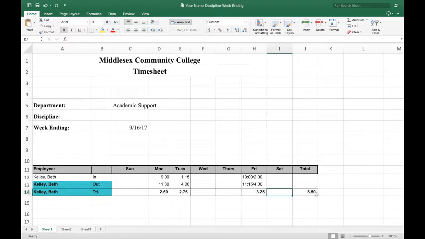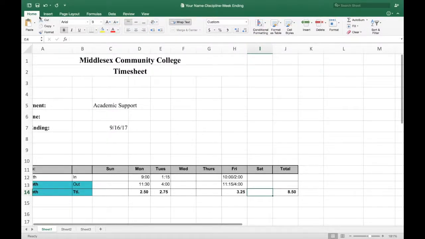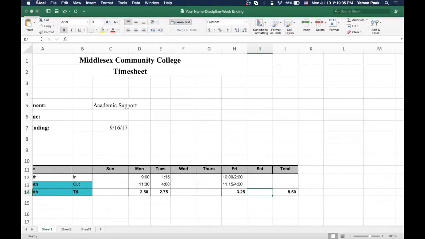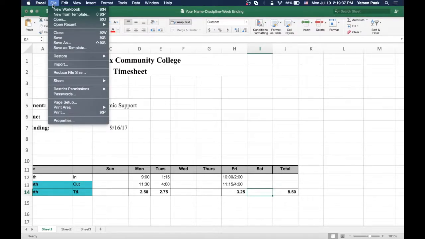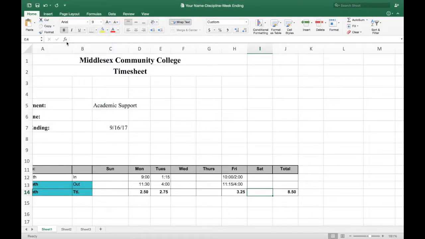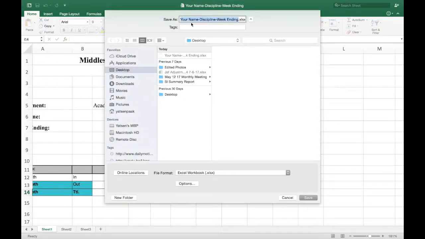To save your timesheet, please save it as your name, the discipline, and the week ending.